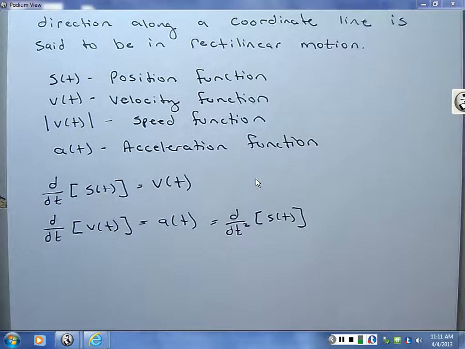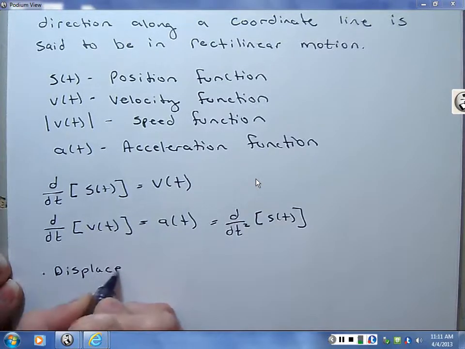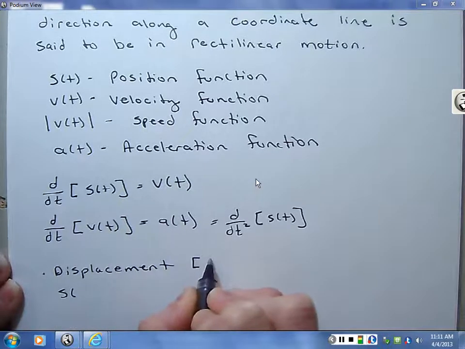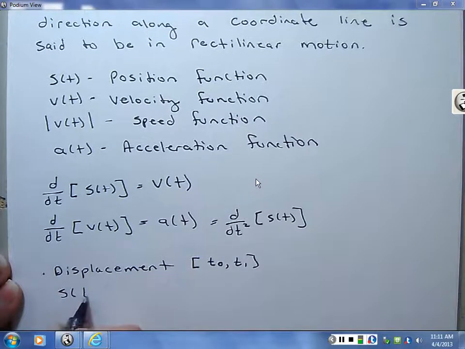So some other concepts to talk about are total distance traveled versus displacement. So let's look at displacement first. Displacement is the one you've probably seen before. Let's say the displacement from T0 to T1. That's going to be S of T1 minus S of T0.